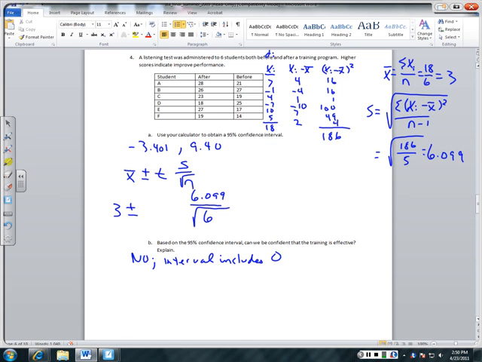And so now to go over and get the t-value, you have 95% confidence, and this is at 5 degrees of freedom. That should be 2.571. And so let me just go ahead and do some calculating here.